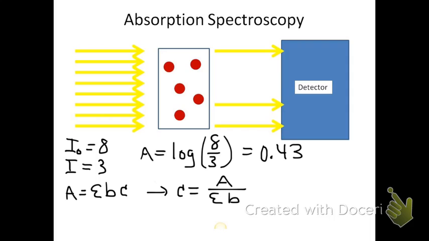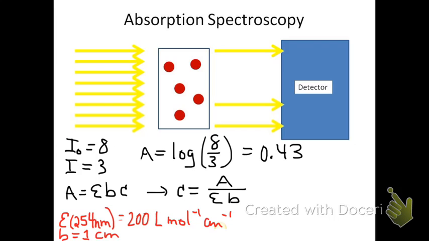Now we have just measured or calculated absorbance, and we can look up what the molar absorptivity is. So say that our photons were at 254 nanometers. We could look up that epsilon is 200 liters per mole per centimeter, and we can know by measuring that our path length is 1 centimeter, and that is the width of the cell.